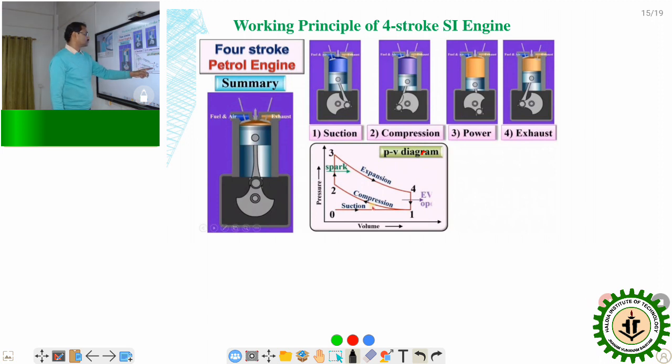In the compression stroke, 2 processes in the cycle are happening, 1 to 2 and 2 to 3. Then the expansion or power stroke, 3 to 4 and 4 to 1, and at the exhaust stroke, 1 to 0.